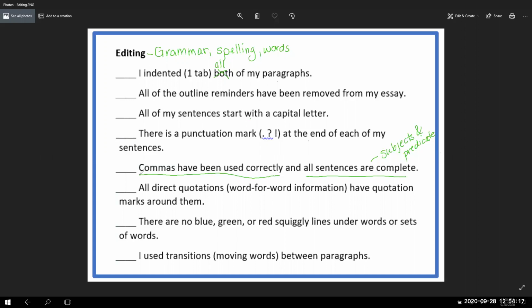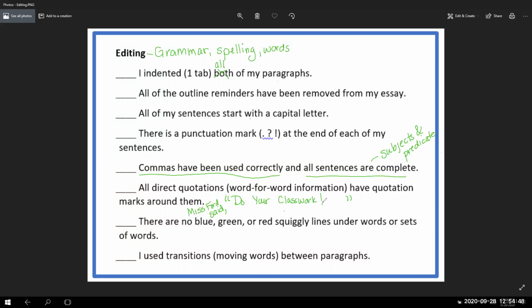All direct quotations, information word for word from any source, has to have quotation marks around them, okay? So we want to make sure that these are the quotation marks. Okay, so it might be Miss Ford said, comma, "Do your classwork."